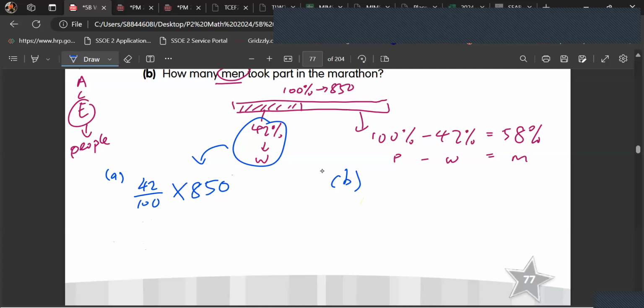Honestly, if you go the long way, numerator times numerator, denominator times denominator, you really take a long time to solve, because these are 3-digit multiplied by 3-digit, very difficult. So what I did was to simplify. First, I simplify by the 10. 850 divided by 10, 100 divided by 10.